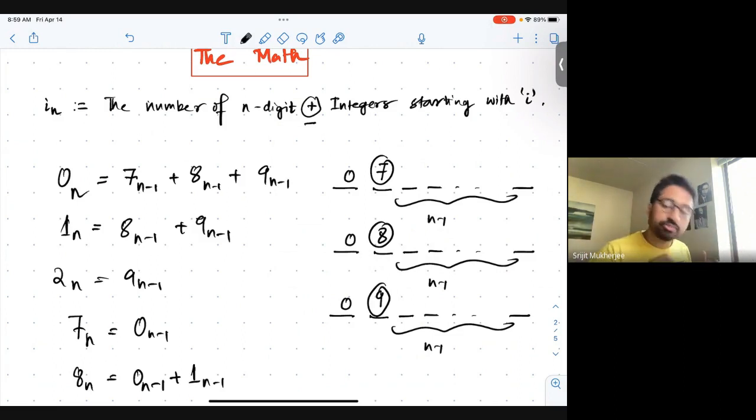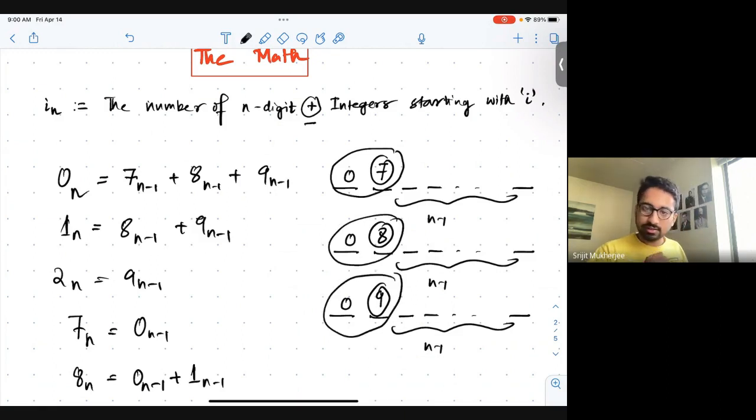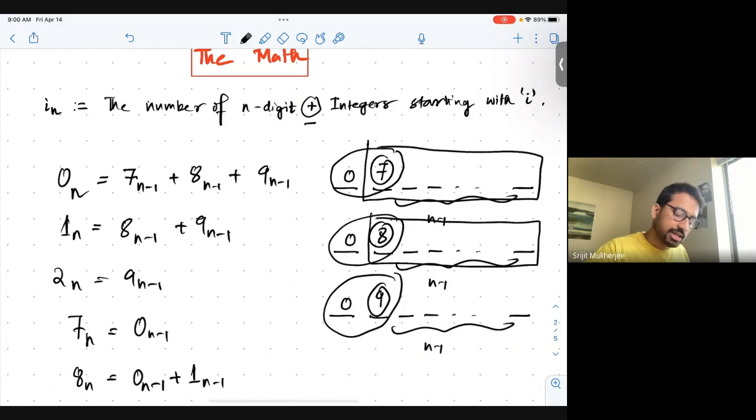Now observe that the number of n-digit integers that starts with 0 is equivalent to counting the number of such integers whose first two digits are 07, 08, and 09, right? Therefore, you can also say the number of n-digit integers that start with 0 is essentially the number of n minus 1 digit integers that start with 7, and n minus 1 digit integers that start with 8, and n minus 1 digit integers that start with 9, right?